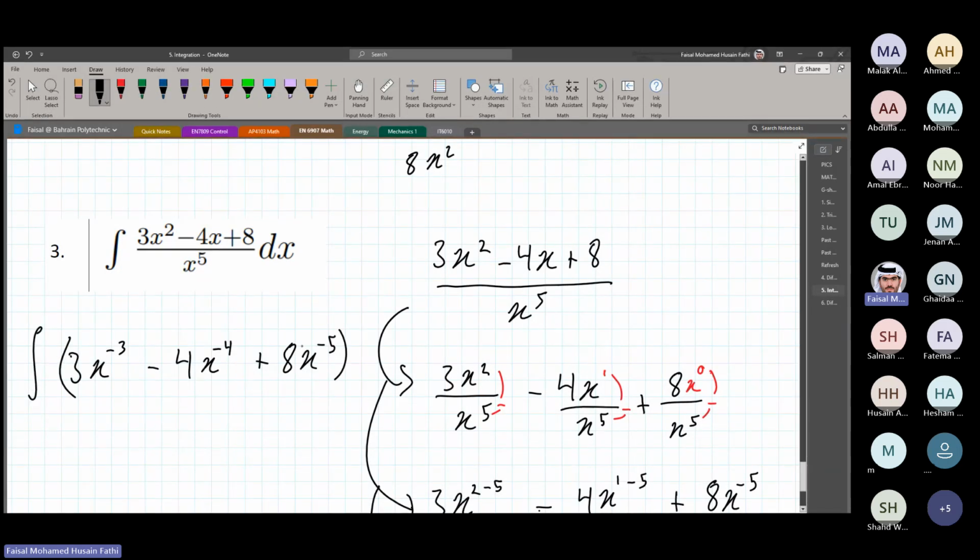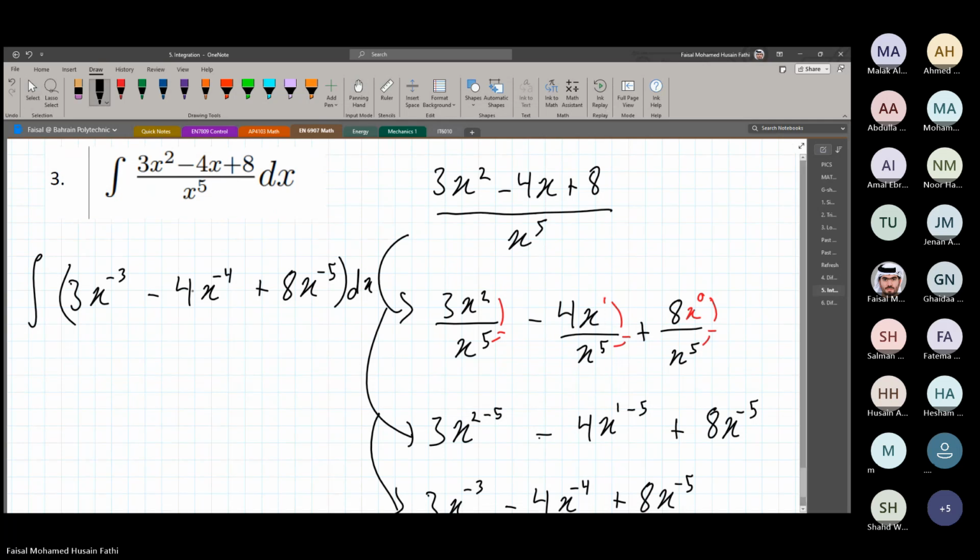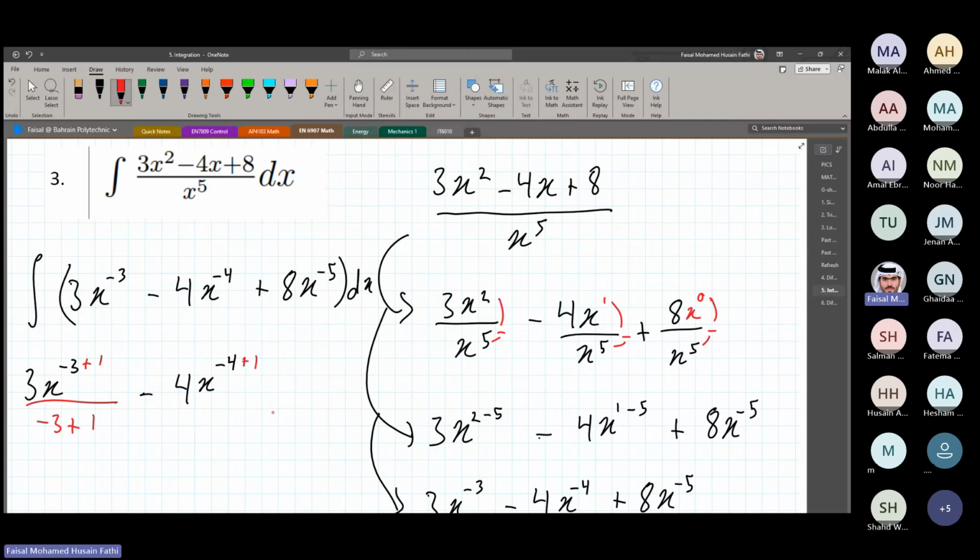So now if we take the integral of this by dx, we will apply the integration rule: 3x^(-3 plus 1) over (-3 plus 1). Again, minus 4x^(-4 plus 1) over (-4 plus 1). Again, plus 8x^(-5 plus 1) over (-5 plus 1).